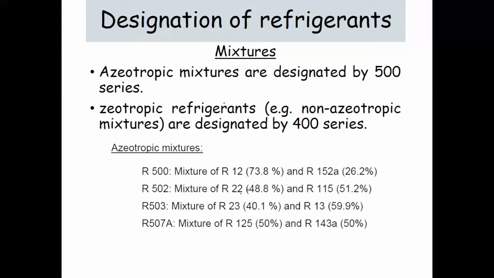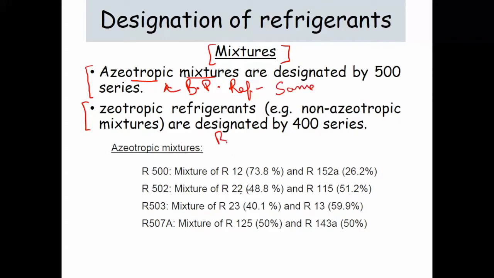Next is the mixture. If we are going to mix different refrigerants in different ratios, first of all, these are categorized in two manners: one is azeotropic, the other zeotropic. What is azeotropic? When we are mixing two or more refrigerants as per our requirement, if the boiling point of those refrigerants is the same, then that is known as azeotropic.